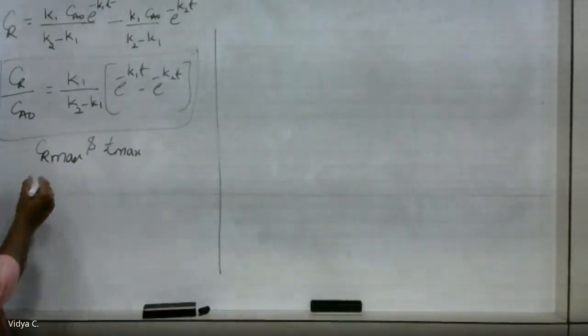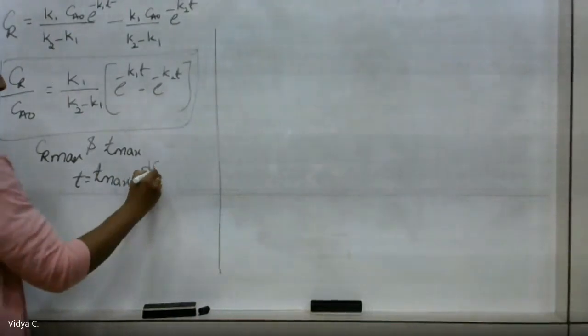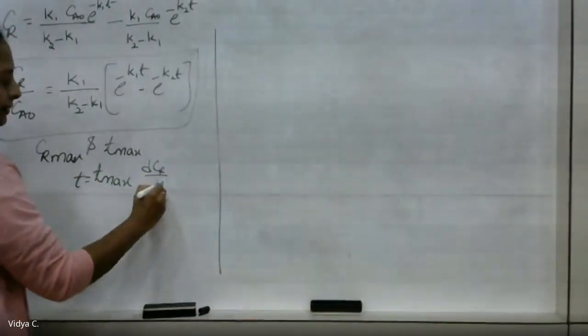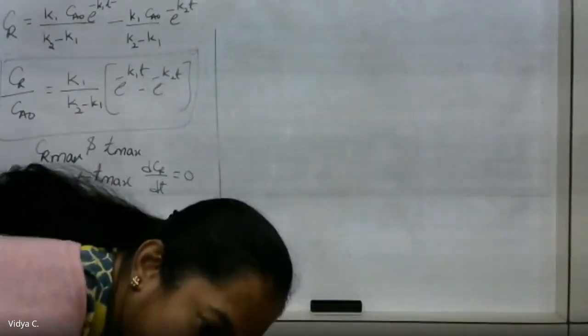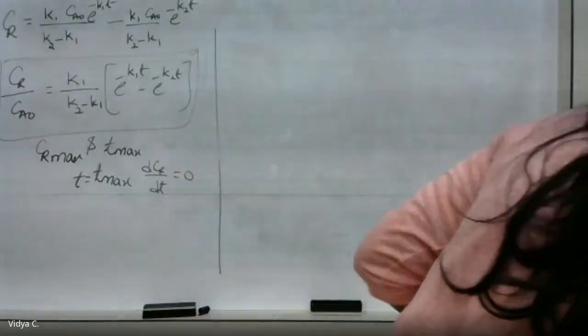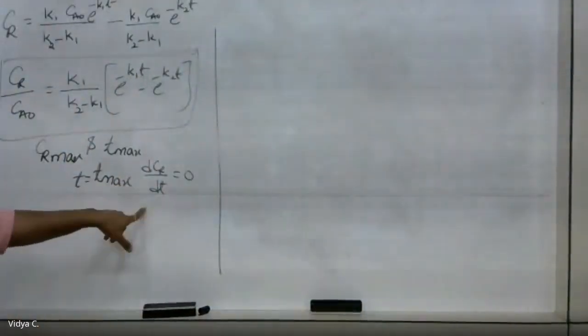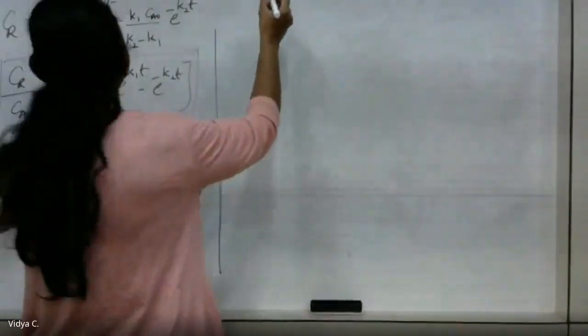So T will be equal to T max and dCr by dt is equal to 0. Now what I'll do, I'll try to find dCr by dt.